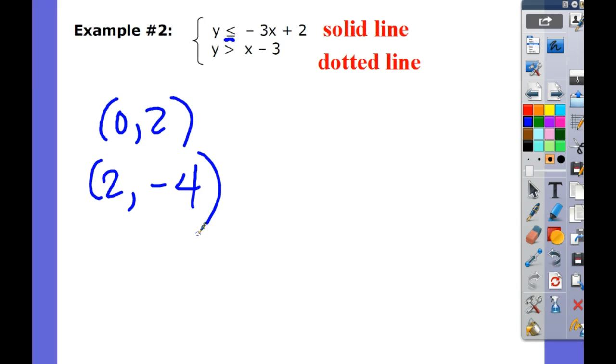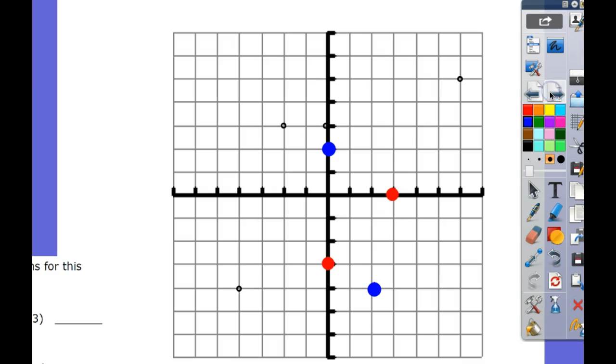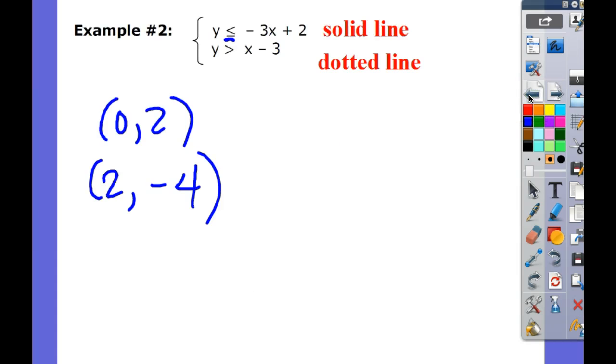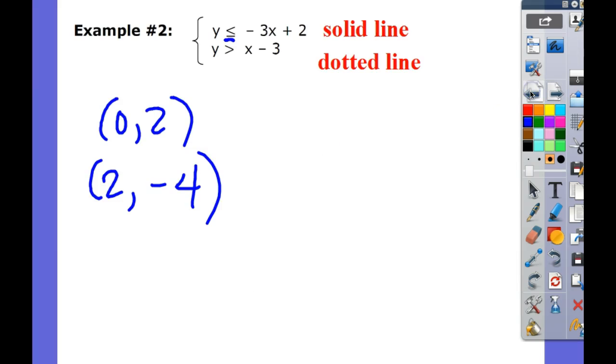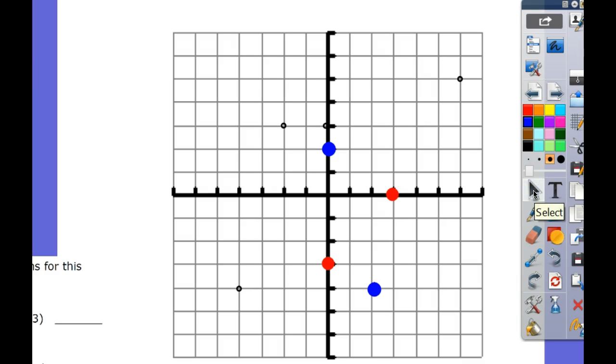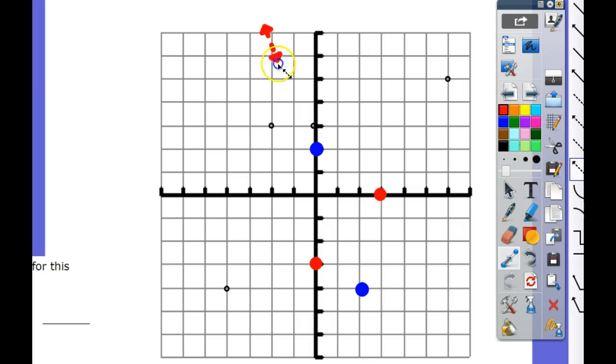I just find two nice pretty points so that you can make a line. The first line is going to be solid, and so I'm going to put 0 and 2 and 2 and negative 4 and make a, oops, is that the kind of line I'm supposed to be making? I need a solid line.